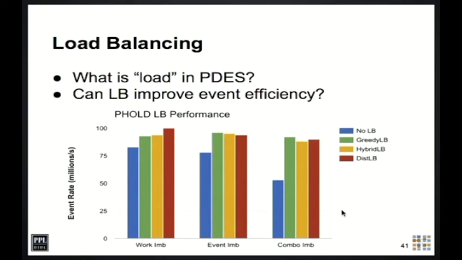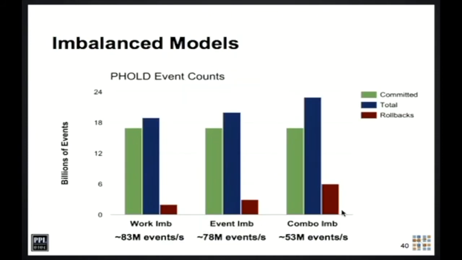So here is some of our earlier results where we just look at, again, these same configurations and their event rates. Oh, and one thing I want to mention about the previous slide is the exact effect that this lack of efficiency has on event rate. So at the bottom here, I've listed the approximate event rates of each of these configurations.